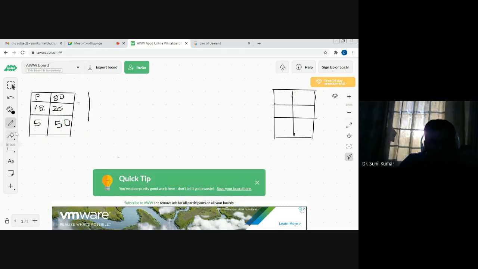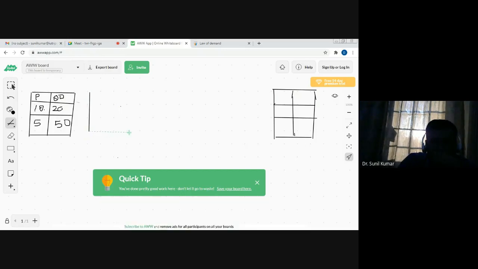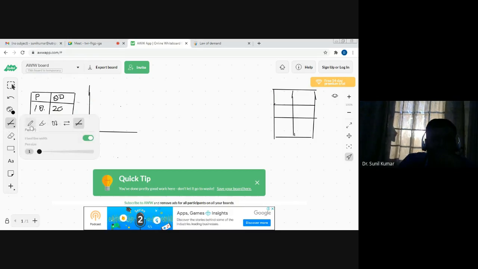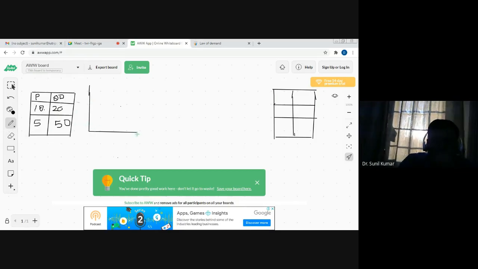Okay, now we are about to draw the graph. Take quantity demand on this axis, with equal class intervals.